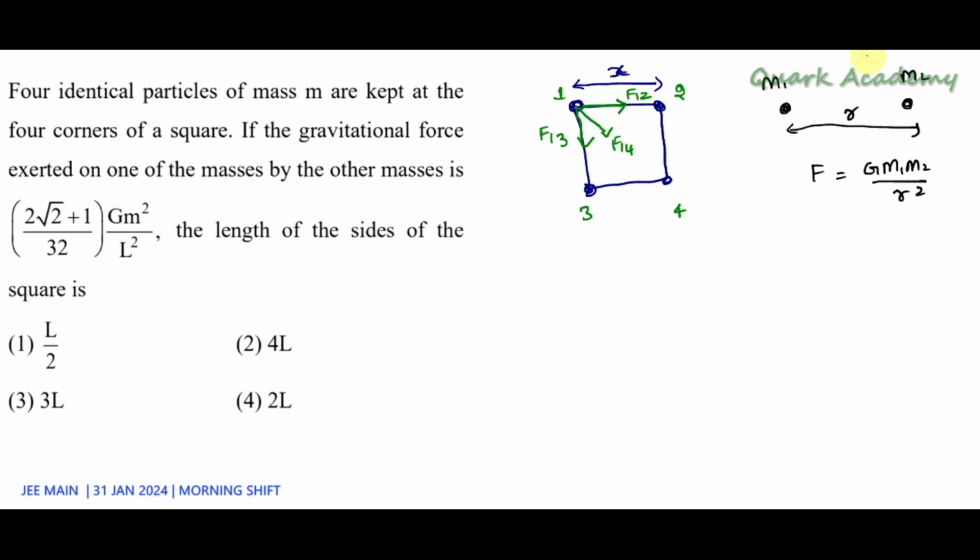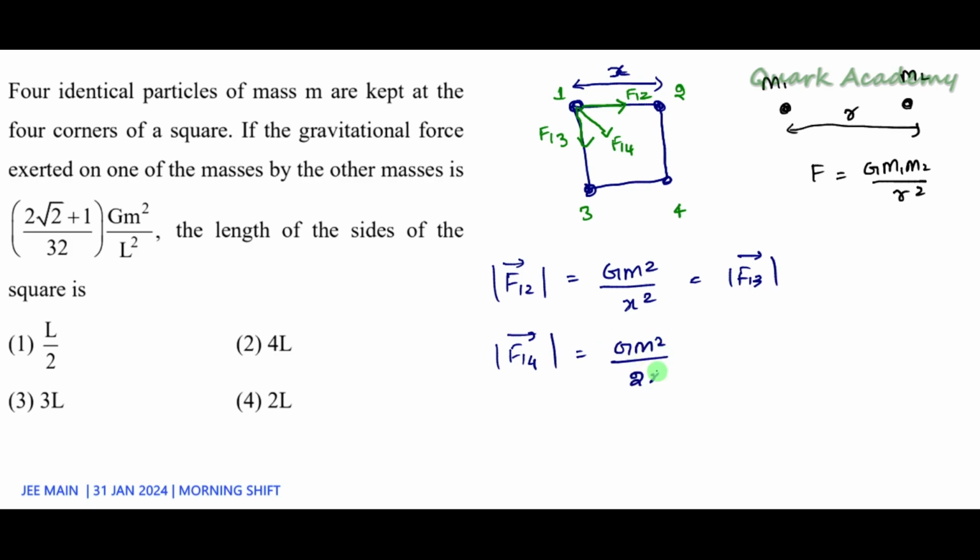Now we'll write the magnitudes of these forces. The magnitude of F12 equals G m1 m2 by x squared, and since both masses are the same, it's Gm squared by x squared, which is equal to the magnitude of F13. Now for F14, it equals Gm squared by 2x squared. Here the distance between 1 and 4 is root 2 x. I'll explain how using trigonometry. This is a right angle triangle where both sides are x.